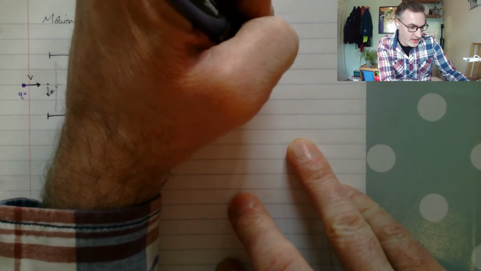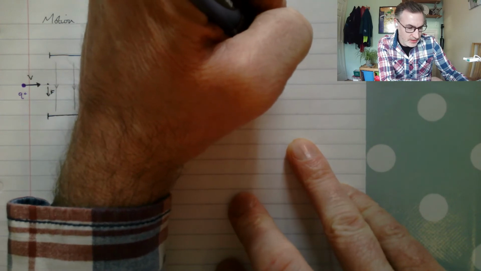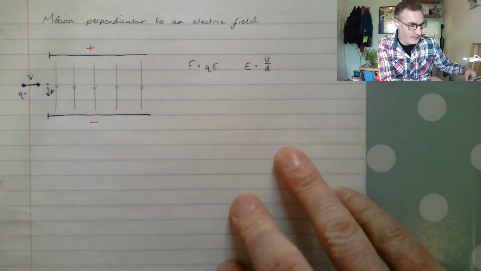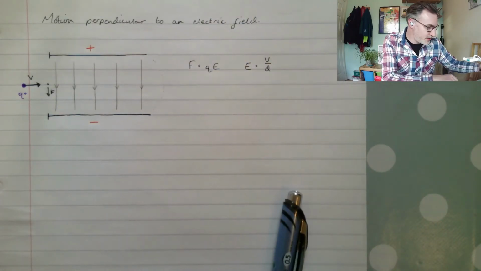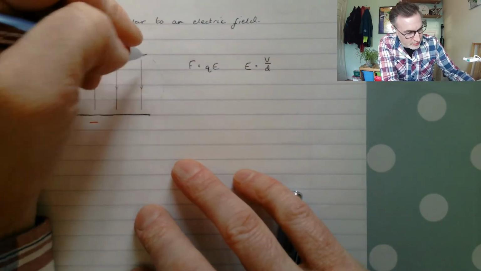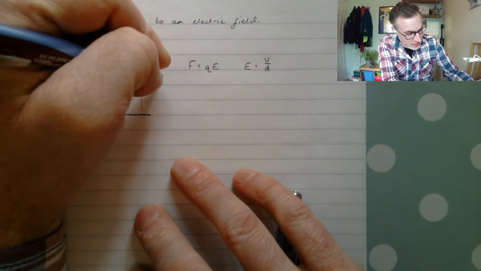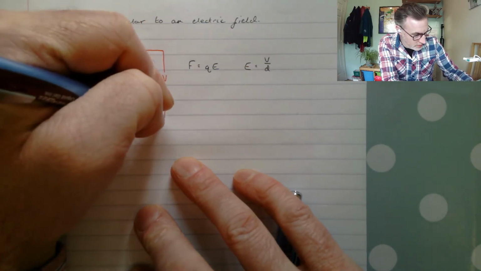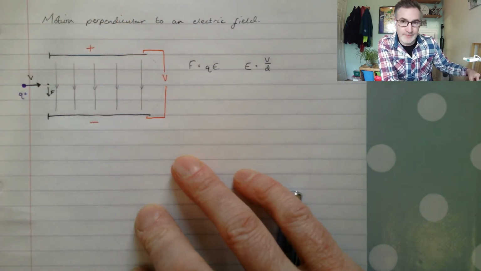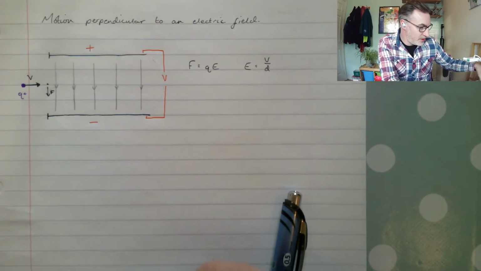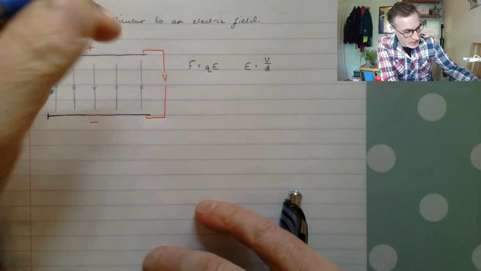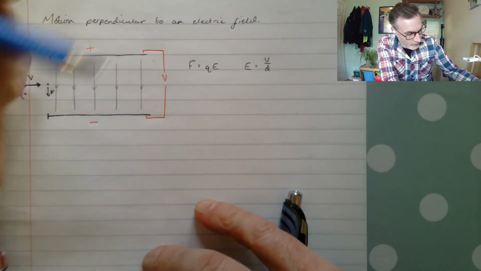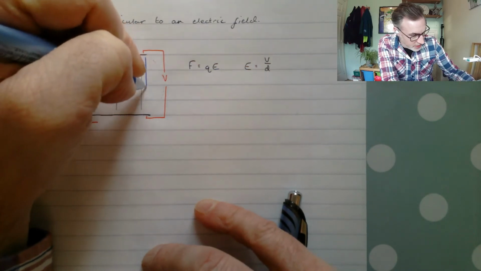We defined it as E is V over d. And so now we have a situation where if we know the potential difference between these two plates, and we know the plate separation, we can determine the electric field strength.